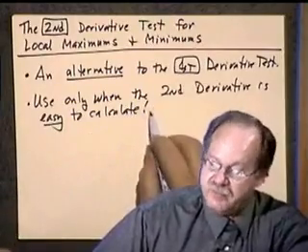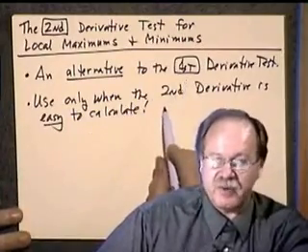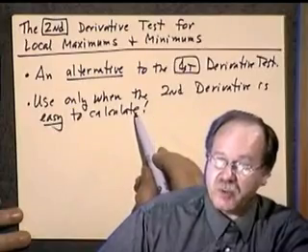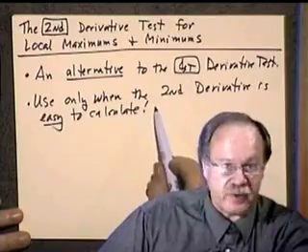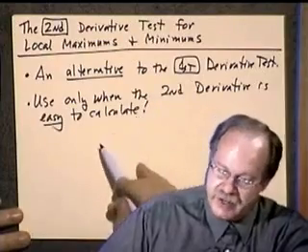That makes sense. If the first derivative is easy and then the second derivative becomes very difficult, you probably don't want to go in this direction, just go with the first derivative test. However, if the second derivative is going to drop right out, then go ahead and use this test.